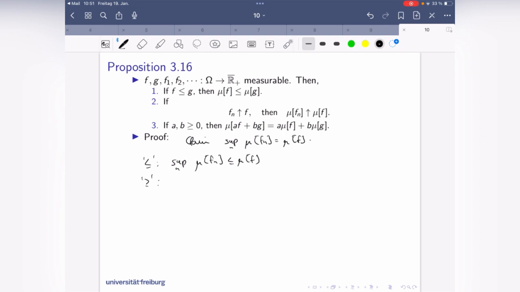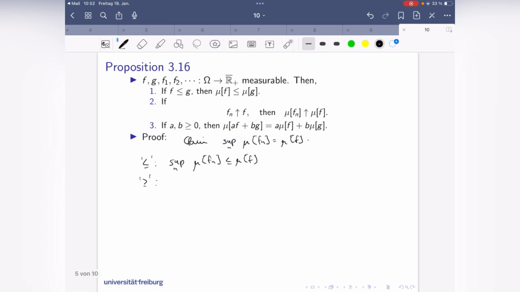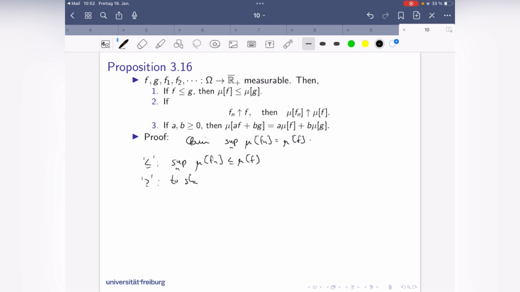We need to use the definition of the integral. We are going to show that mu of g is smaller or equal to the sup of mu f_n, for all g smaller or equal to f simple.